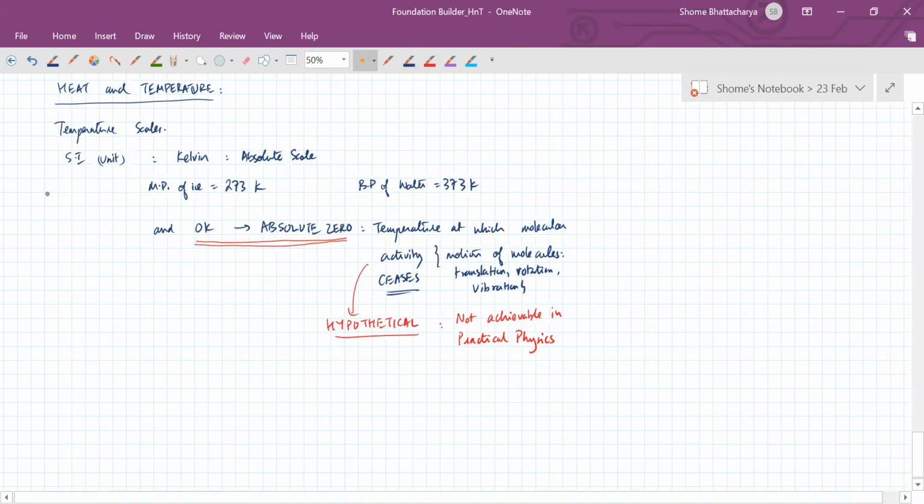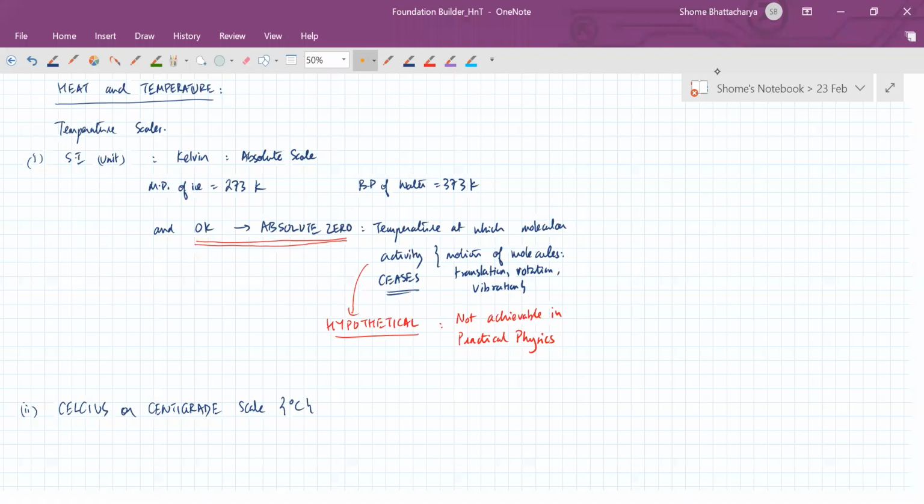Okay. Now the second temperature scale is the most common one, which is the centigrade scale or Celsius scale. This is what we refer to in degrees C. Yeah, Rupesh, what is your question, madam?